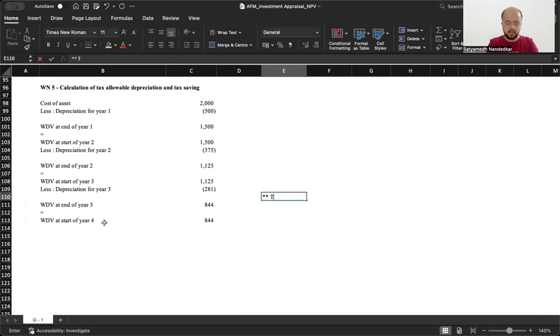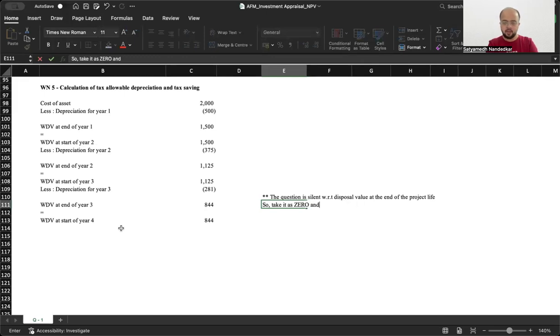So here I'm going to write: the question is silent with respect to disposal value at the end of the project life. So take it as 0, nothing with respect to disposal value, and claim full WDV as balancing allowance.